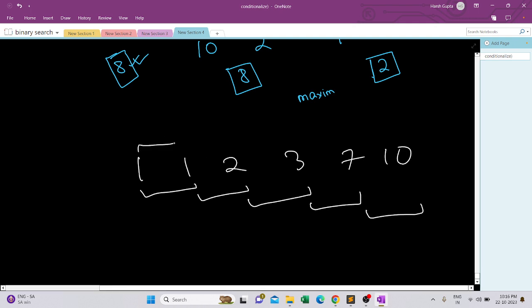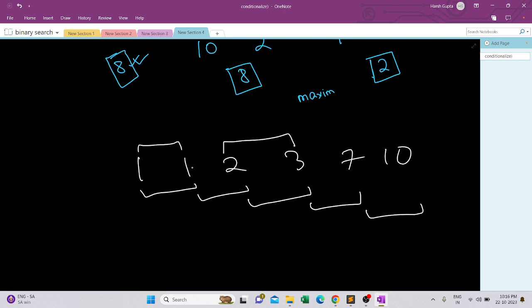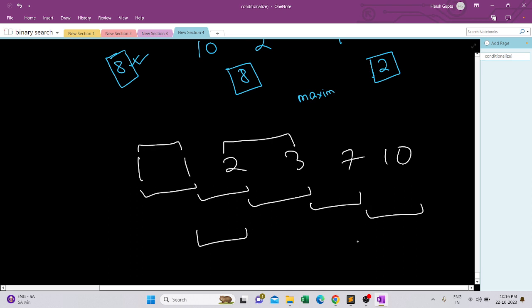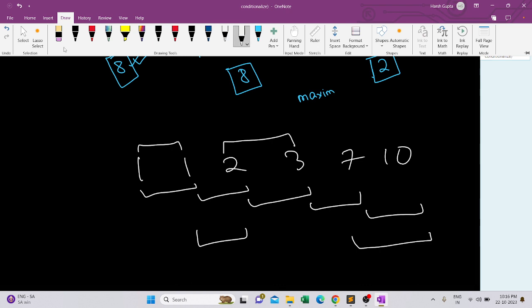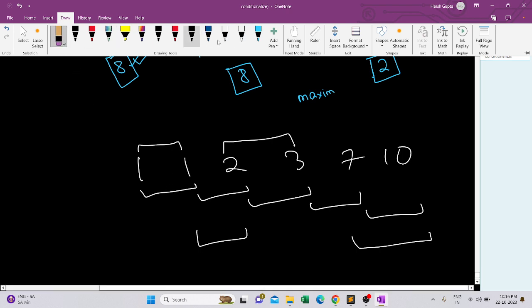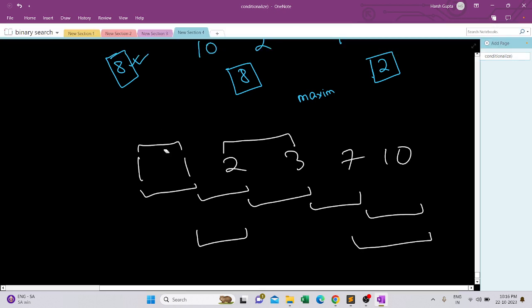Once you take 1, 1, now you can't take 1 again, so you will take 2, 3. Or what you can do, you can start with 1, 2. You can take 3, 7 or 7, 10 like this. So you will always try to take the pairs which are adjacent to each other in the sorted array. That's the logic we are going to apply.